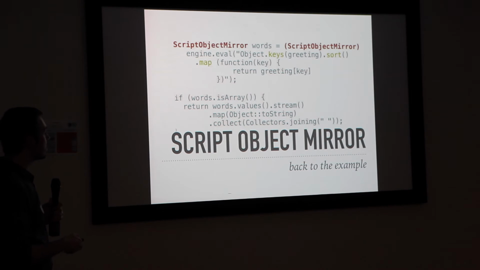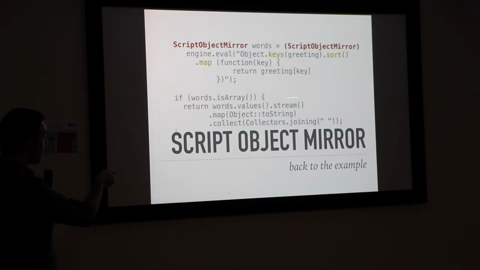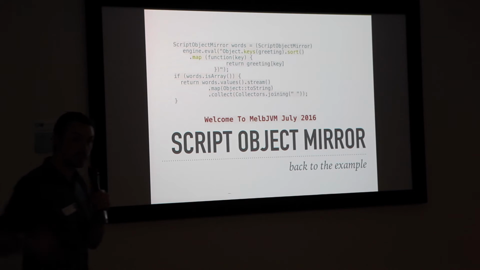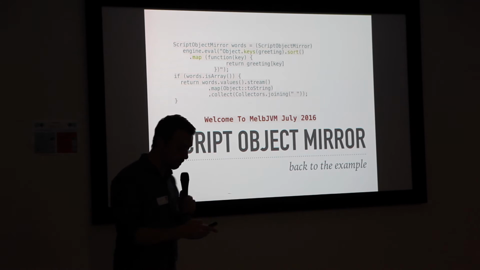And then I can use the Java 8 API instead, and I can now stream and map over those things, do a toString on them, and then just join them all together so that we end up with welcome to Melb JVM July 2016.